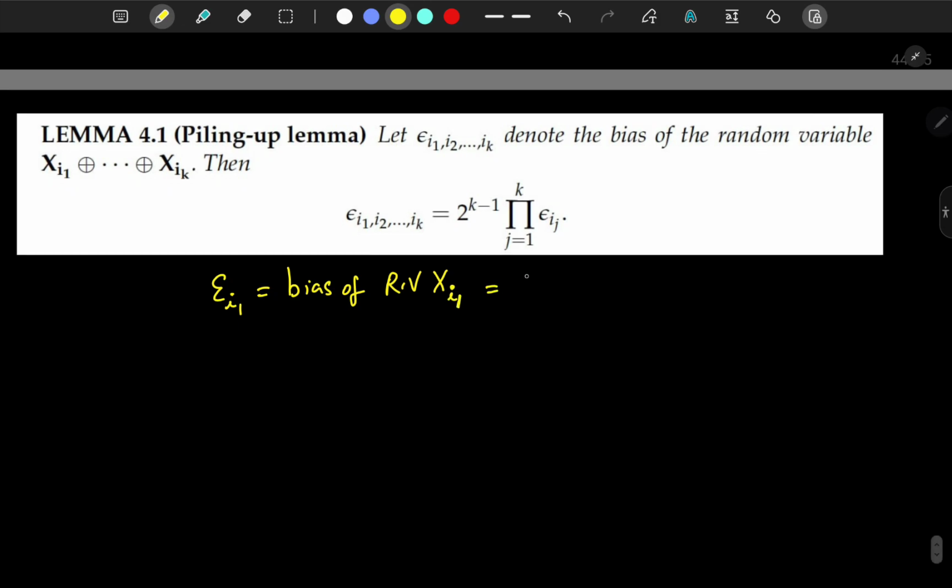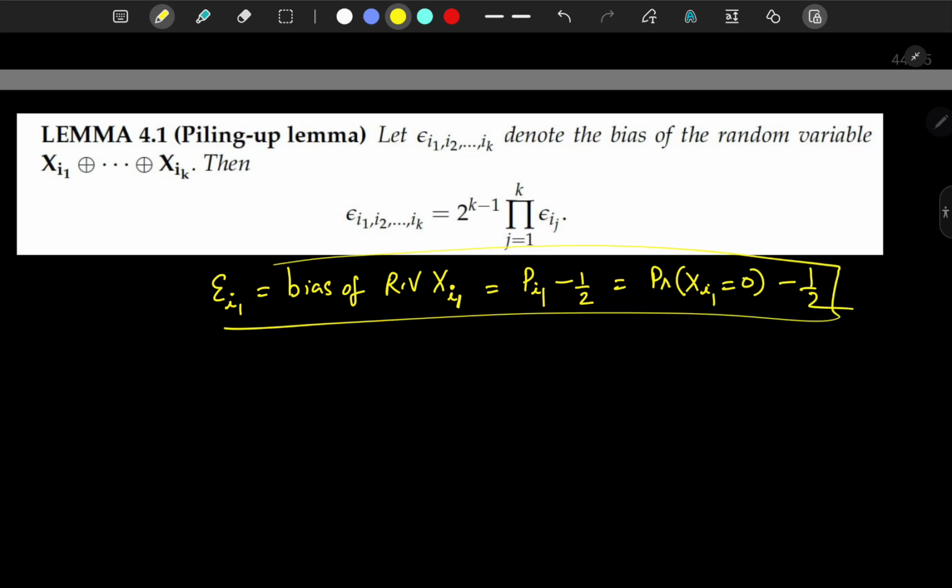That equals the probability of pi1 minus 1/2, that is, the probability that the random variable xi1 equals 0 minus 1/2. This you have to remember.